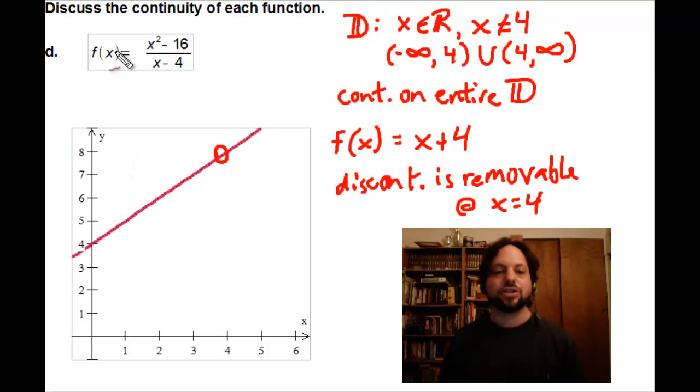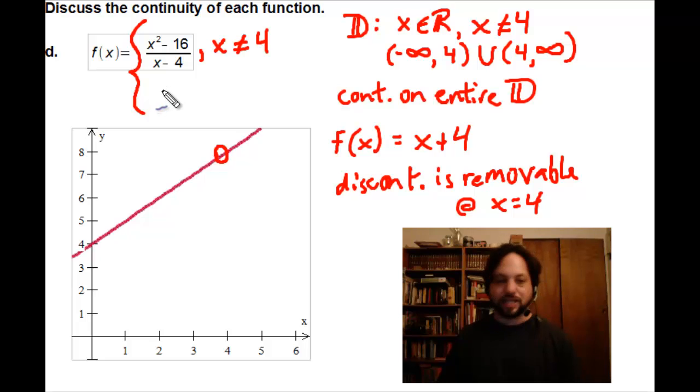So let me present to you another situation. Let's say that this was actually a piecewise function, and it was defined this way for all x values not equal to 4. And furthermore, let's say that this function is defined as k for when x does equal 4.